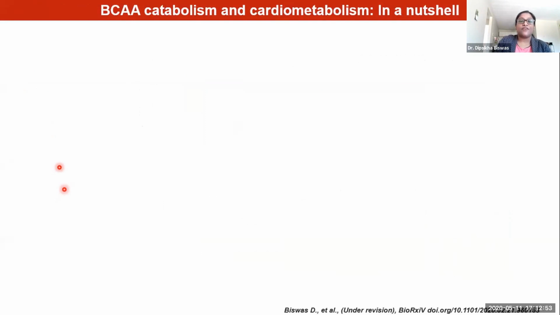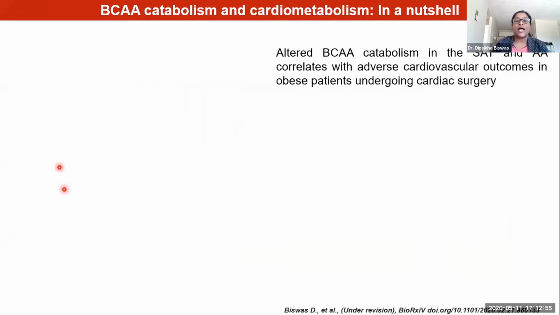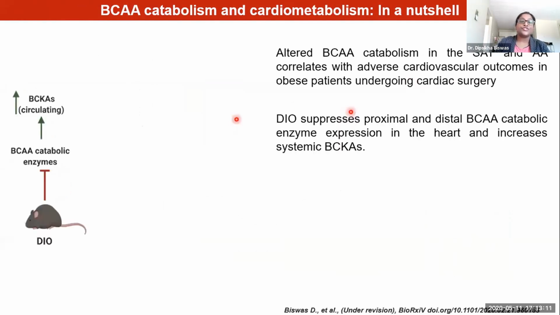So to summarize our findings, we found that the BCA catabolism in the subcutaneous adipose tissue and atrial appendage is altered in obese patients undergoing cardiac surgery, and this altered BCA catabolism could correlate with adverse post-operative outcomes. We also show that in diet-induced obese mice, the BCA catabolic enzymes within the heart are suppressed, and that results in increased circulating BCKA levels.